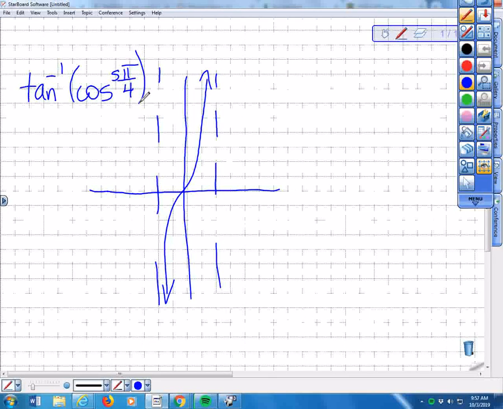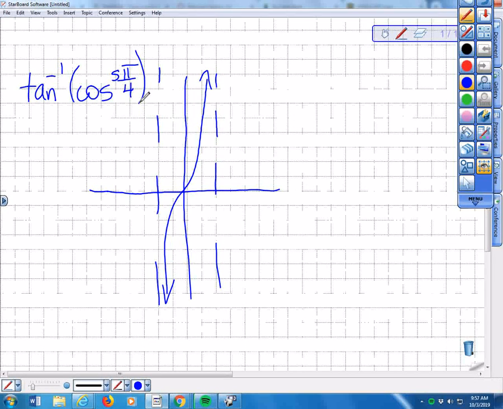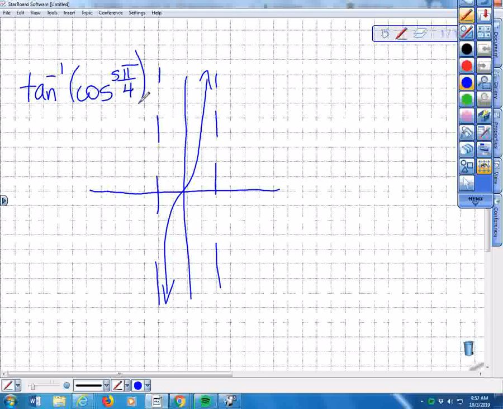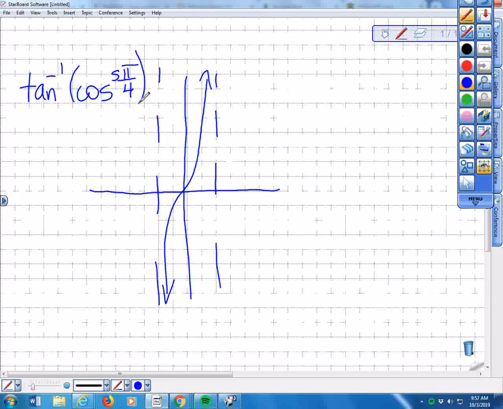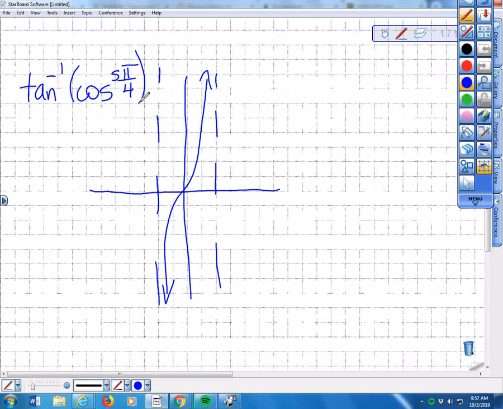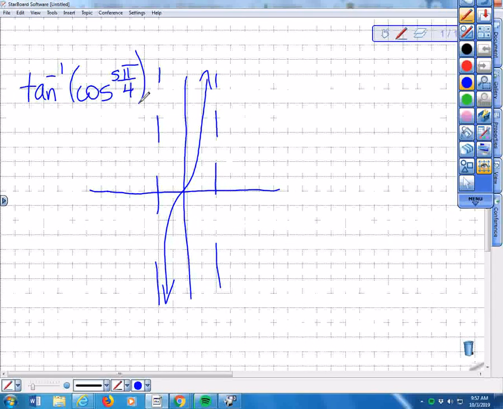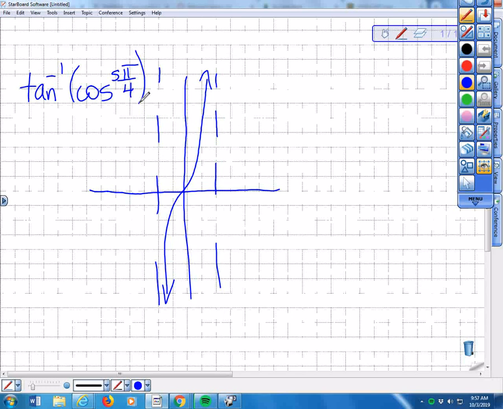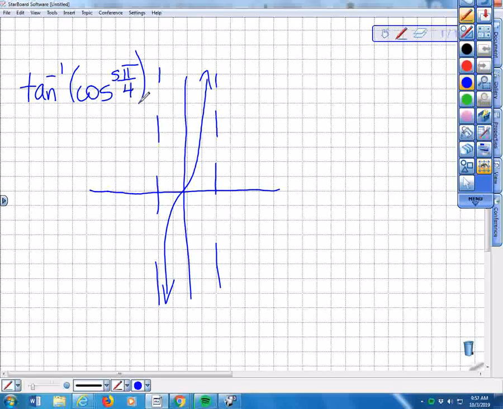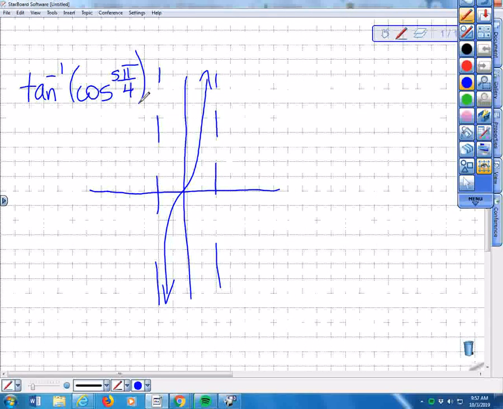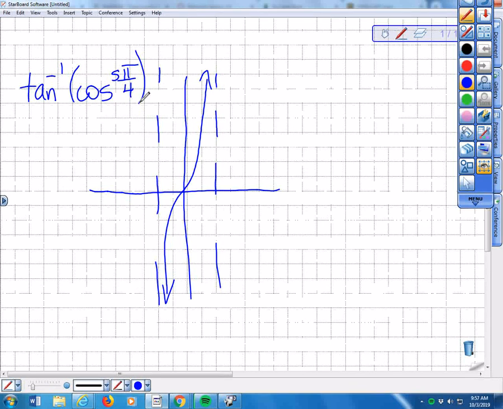So what do you do on a problem like this when it's not just inverse tangent of tangent? Where do you start? Cosine of 5 pi over 4. So what quadrant is that? Third. And what's the reference angle?